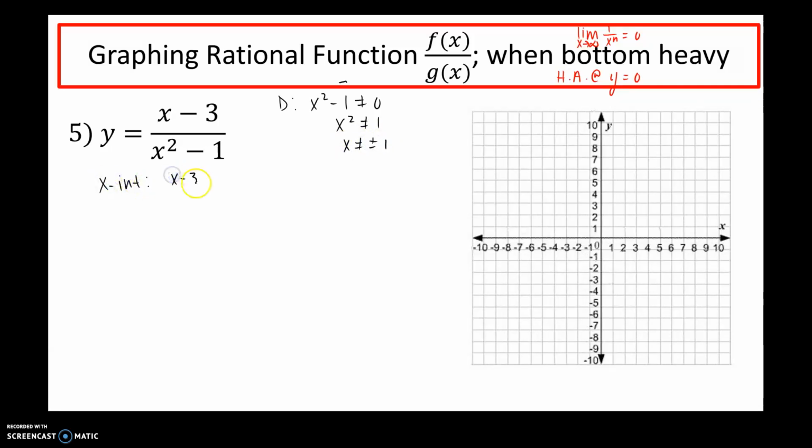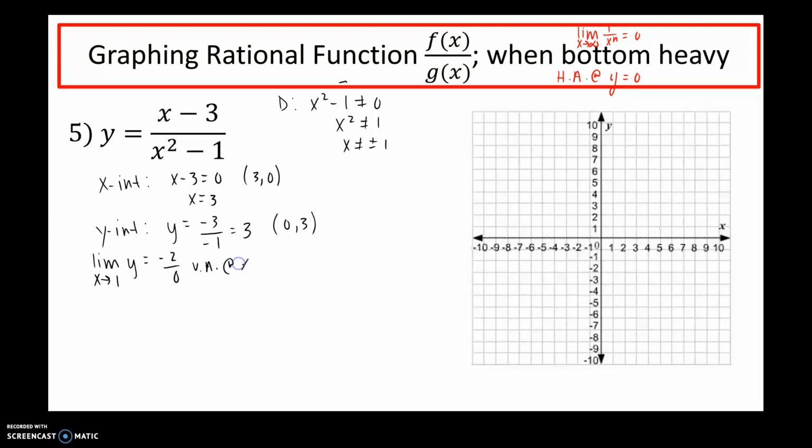x-intercept, let's set our numerator equal to 0. So (3, 0) is an x-intercept. y-intercept, if I replace my x's with 0, I get negative 3 over negative 1. So I have a y-intercept at (0, 3). When I look at the limit as x approaches 1 of my function, I get negative 2 over 0.